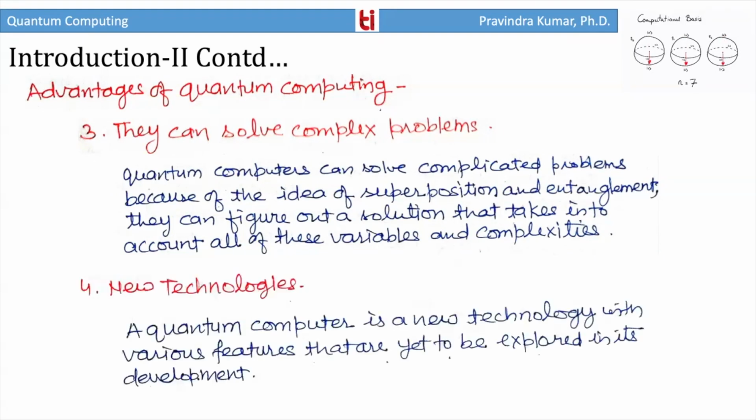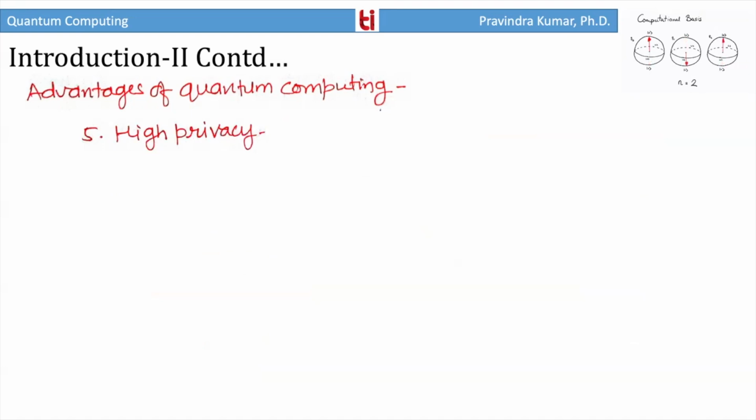Another advantage is new technologies. A quantum computer is a new technology with various features that are yet to be explored in its development. Quantum computers have the potential to make the world significantly more efficient, secure, and energy efficient than ever before. Another advantage is high privacy.